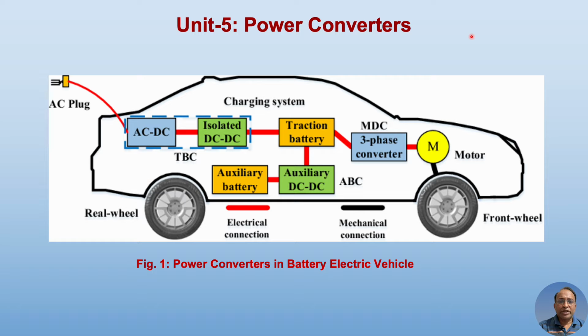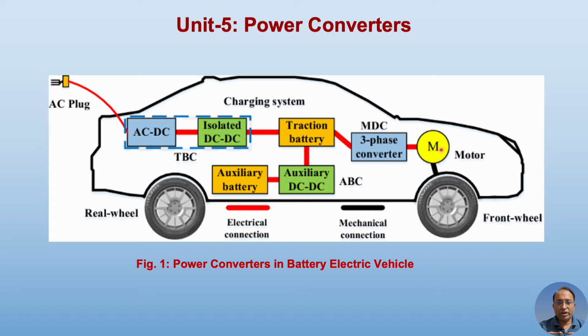Let us check this particular diagram here. This is a schematic diagram of an electric vehicle, and it shows several blocks, the block diagram as well as the schematic diagram, and most of these blocks are about the power electronic converters or power converter circuits along with the battery and motor.